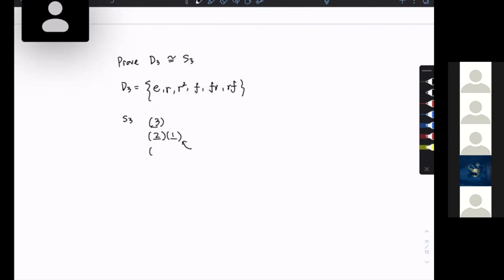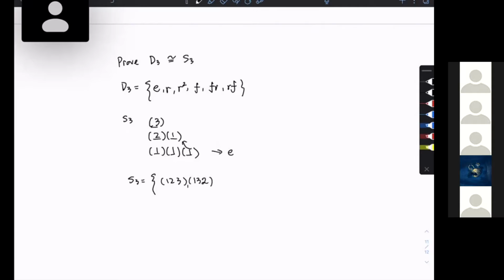In the last case, we have three cycles, each containing only one element. These can be considered as the identity permutation, which is the element E, the identity element of the S3 group. So we need to determine, for each possibility, what are the possible arrangements of the elements. For the first one, we have (1 2 3) or (1 3 2).